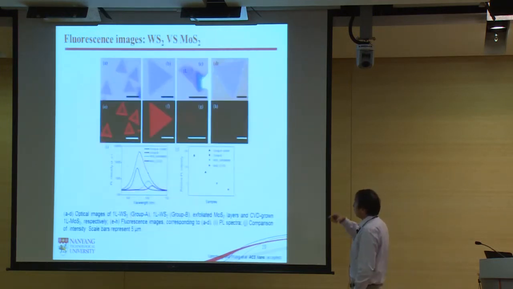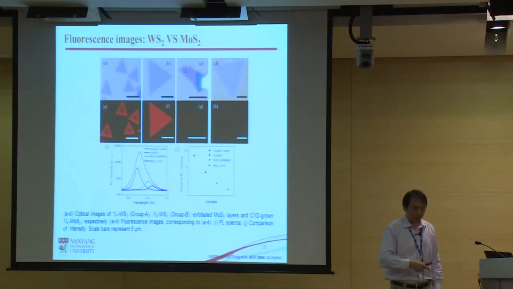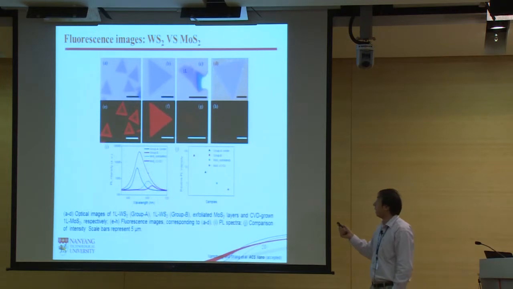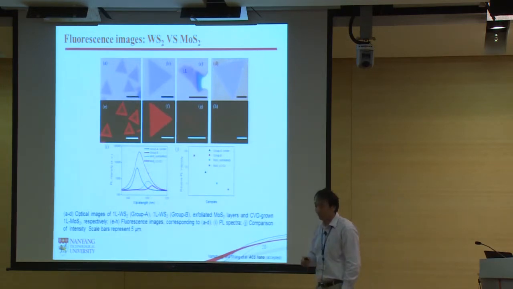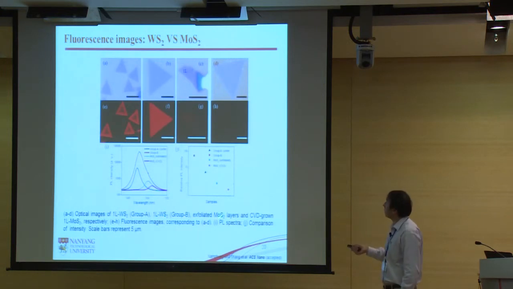All right. So then next we compare with our S-grown tungsten disulfide, both group A, group B, together with the Scotch tape molybdenum disulfide, and also we are able to grow the molybdenum disulfide single layer. As you can see here, we put them under the same fluorescence microscope.